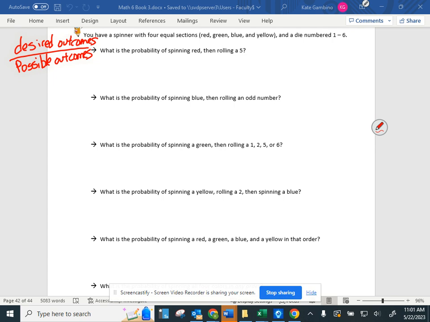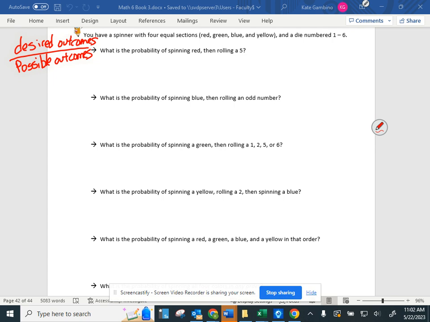There are 6 sides on our die, so there are 6 possible outcomes. Each side has a different number on it. Think about a die when you roll it. You can land on a 1, a 2, a 3, a 4, a 5, or a 6. So there's only 1 desired outcome for each of those numbers. There's only 1 desired outcome for each color. So let's look at how that works out.